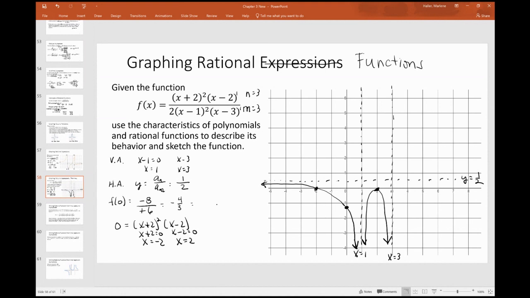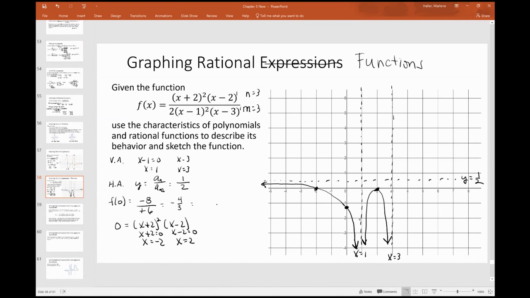By logic. But what's going to happen over here to the right of x equals 3? Okay, well, take a look at the degree of the factor that led us to that vertical intercept. All right, so go back up here. X minus 3, that's an odd degree on that factor, right? Compared to x minus 1, an even degree.